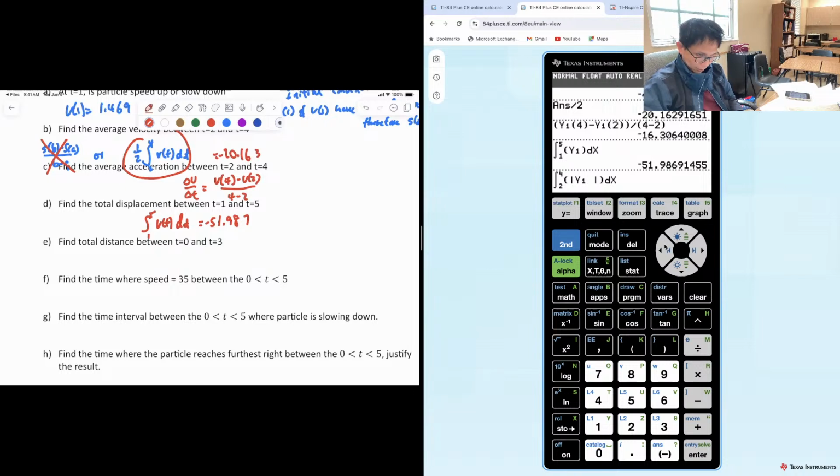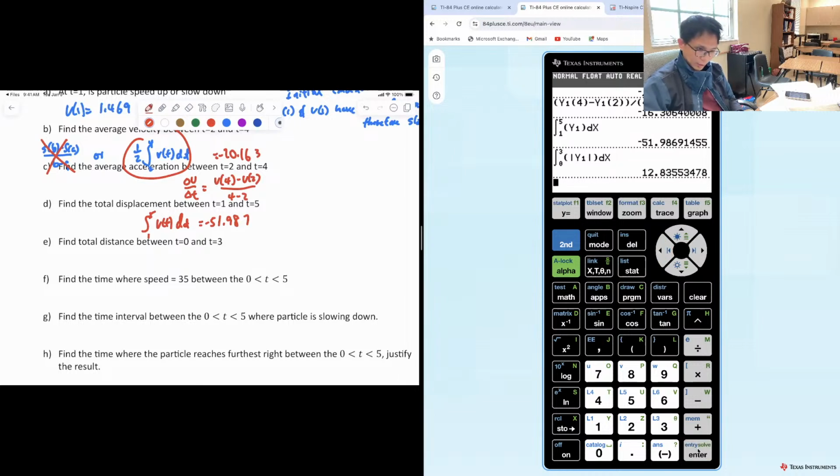And then it's between where to where? 0 to 3, right? Total distance between 0 to 3. So that's 0, and that's 3. And hopefully that's right. Is that right? Integration between 0 to 3 of the absolute value of v of t dt. This is what you're supposed to write down. And that's going to be 12.836. Again, 3 decimal places to win.